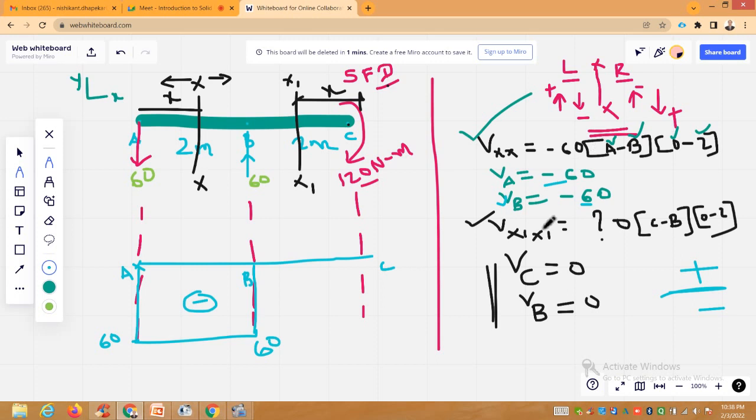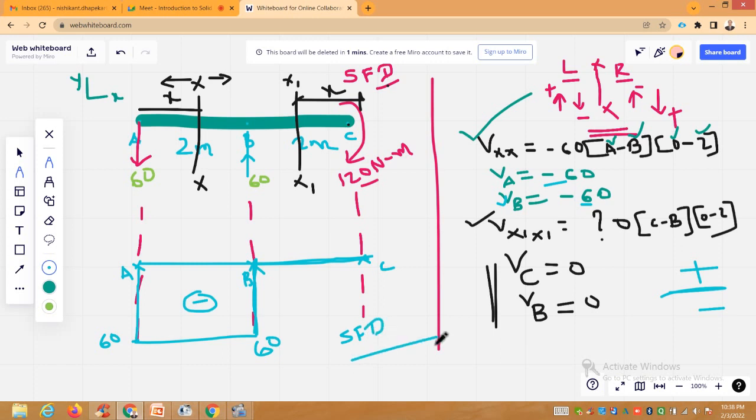Here it is not so. So you have joined with the straight line, and VC is 0. So again this VC is 0, and from second master equation VB is also equal to 0. So you have to come again here, VB equal to 0, and then draw the straight line. So in this way the shear force diagram is plotted.